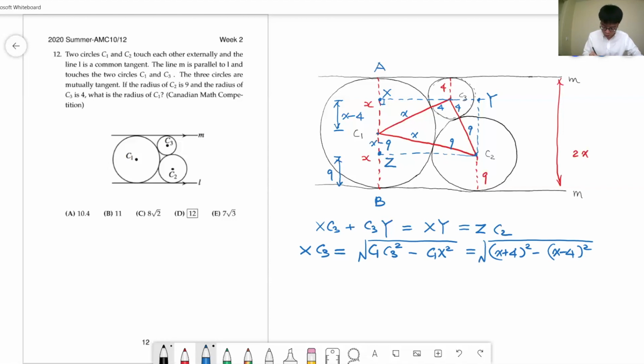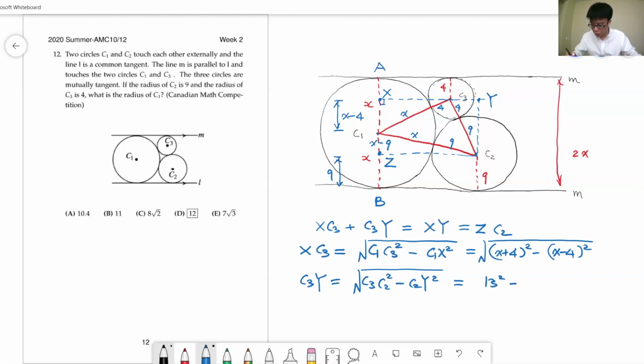Also, we have C3Y, which is equal to C3C2 squared minus C2Y squared. So C3C2 is 13, right? 13 squared minus C2Y. Okay, what is C2Y?